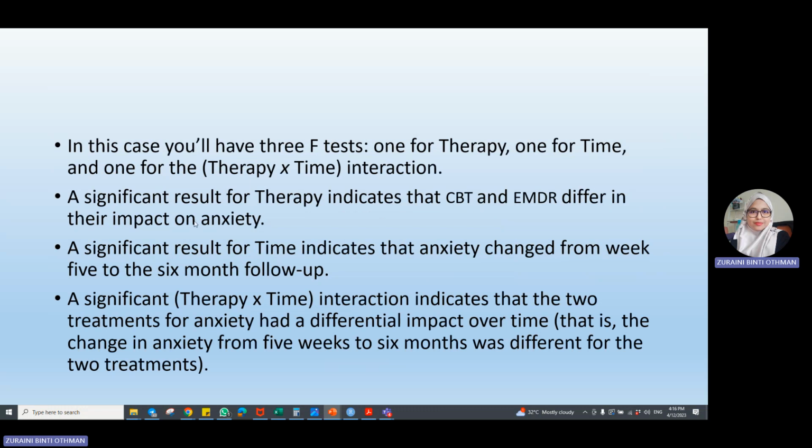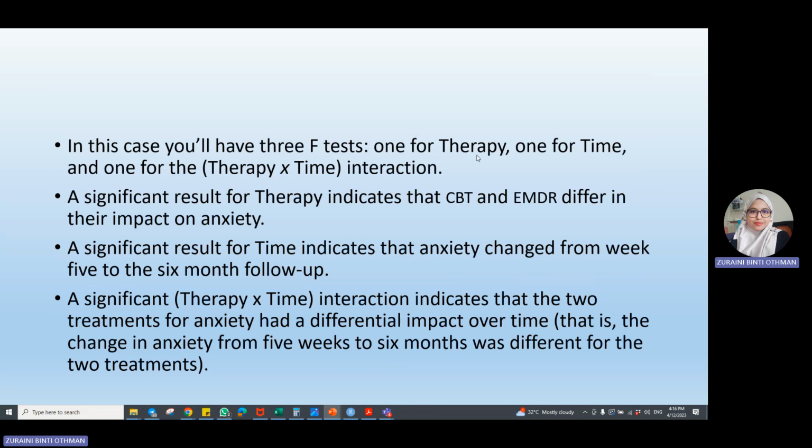Okay, here we have three F tests, one for the therapy and one for the time just now, and one for the interaction between therapy and time. Okay, a significant result for therapy indicates that CBT and EMDR differ in their impact on anxiety. Okay, this is significant for therapy.